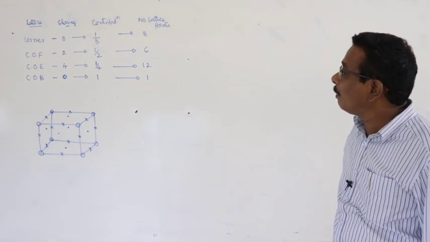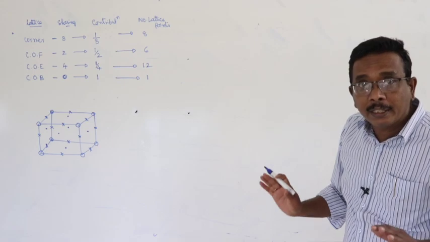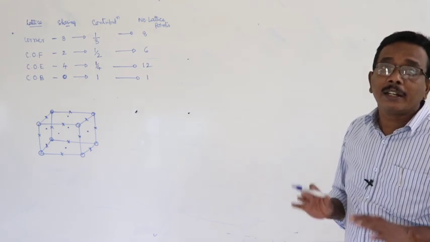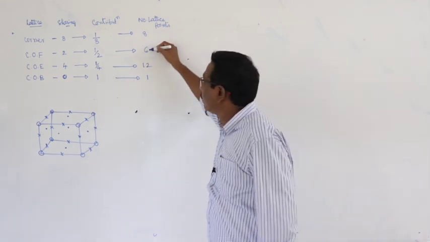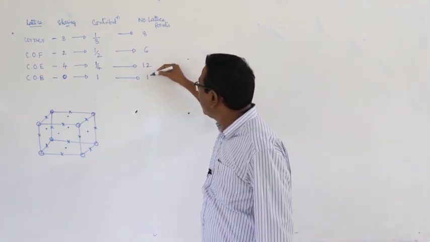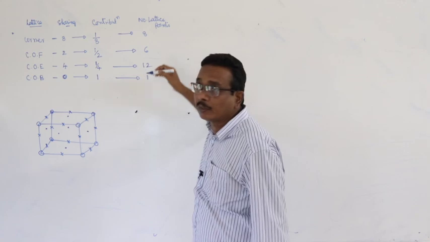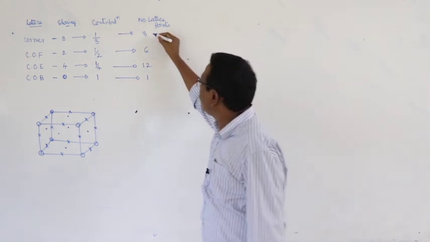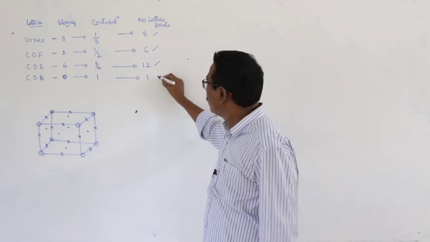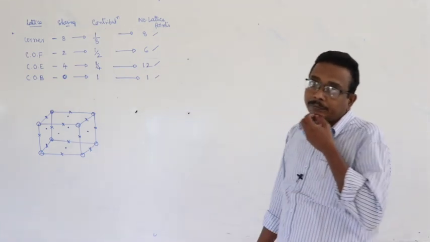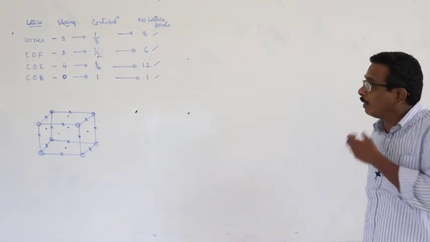The total number of lattice points that are present in a unit cell or in a cube is equal to 27. 8 plus 6, 14. 14 plus 1, 15. 15 plus 12, 27. 8 corners, 6 center of the faces, 12 center of the edges, 1 center of the body.